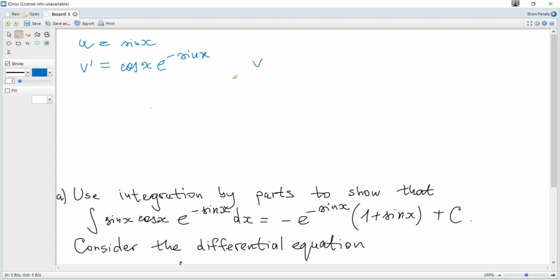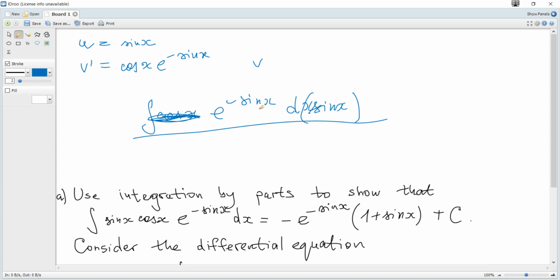And you should understand how to see that the substitution u can be applied. In the integral of cos x e to negative sine x dx, you can see that the derivative of sine is cosine, and hence we get everything in terms of sine only, and it's actually our substitution, our u value.